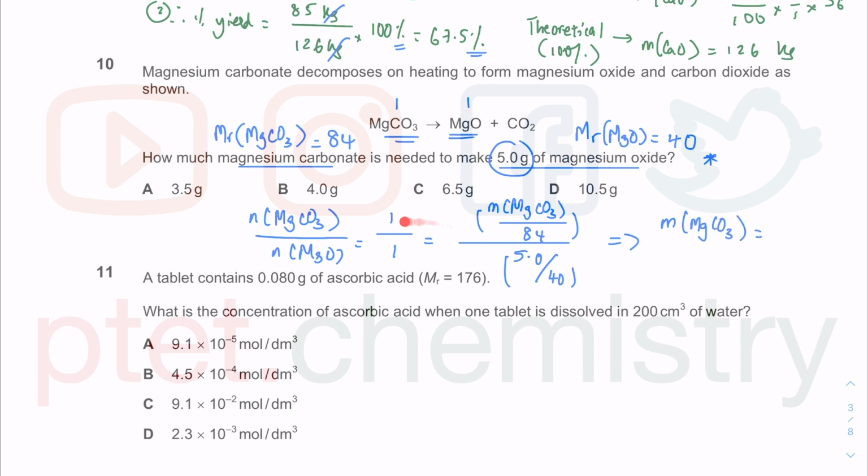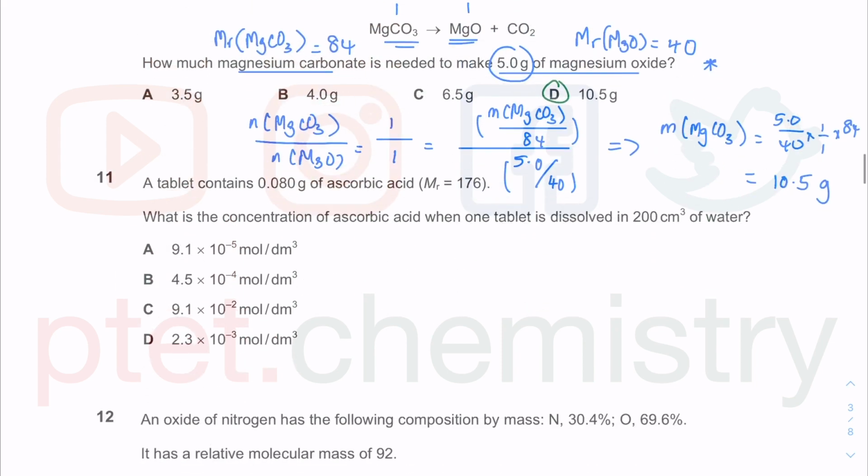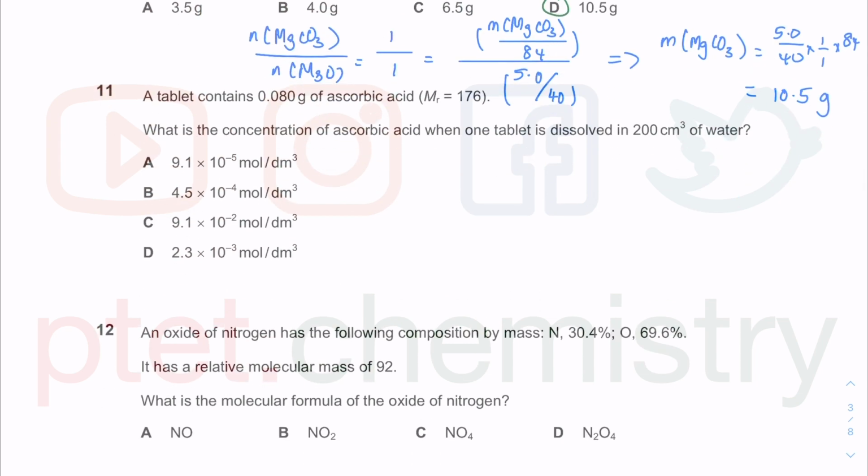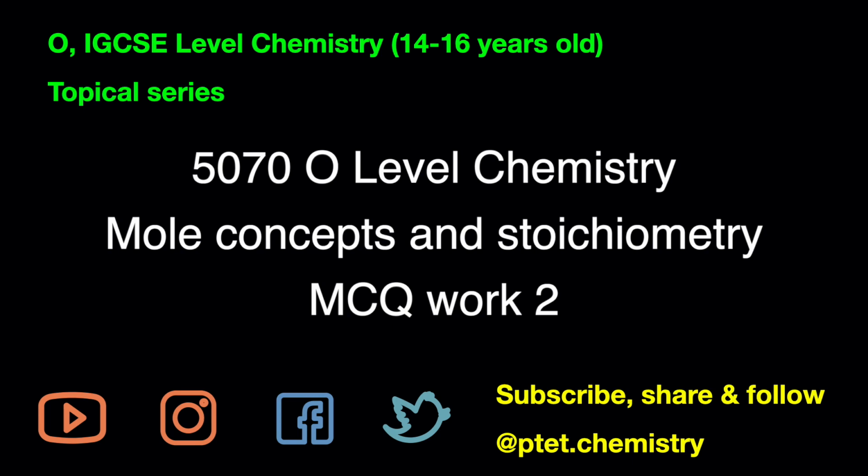Okay, so I move this up there and then multiply by 84. Hopefully you can see the math fairly easily. If you can't, I would say do it step by step, but at this stage you probably have done enough that you should be able to do this directly. If you cannot, then you need to go back to the previous work and try and master those particular concepts.